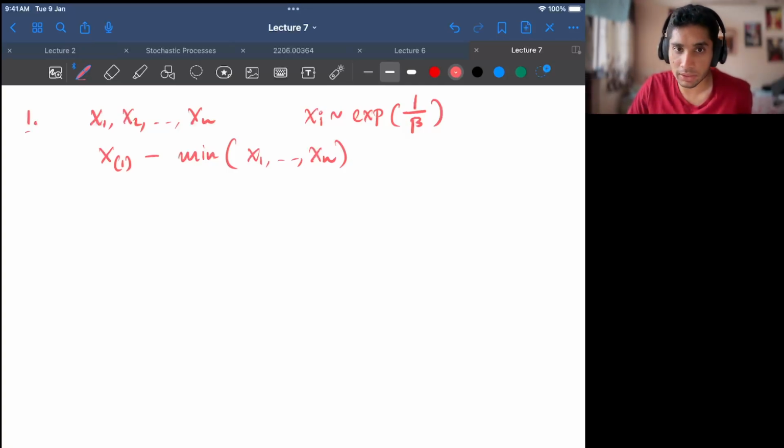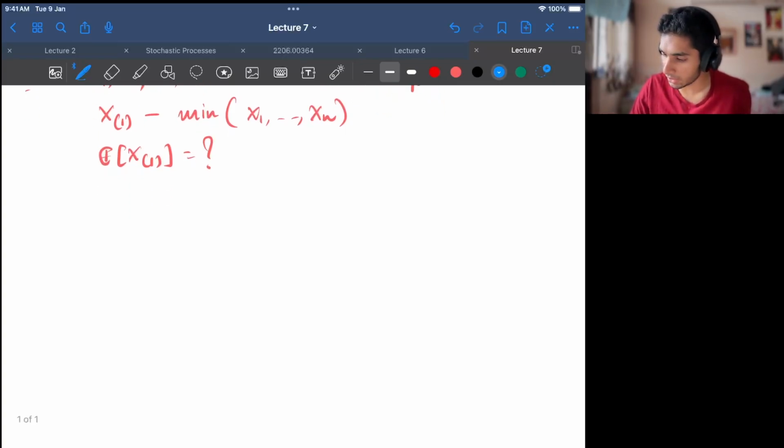The question is, what is the expected value of x bracket 1? Let's see how to solve this.